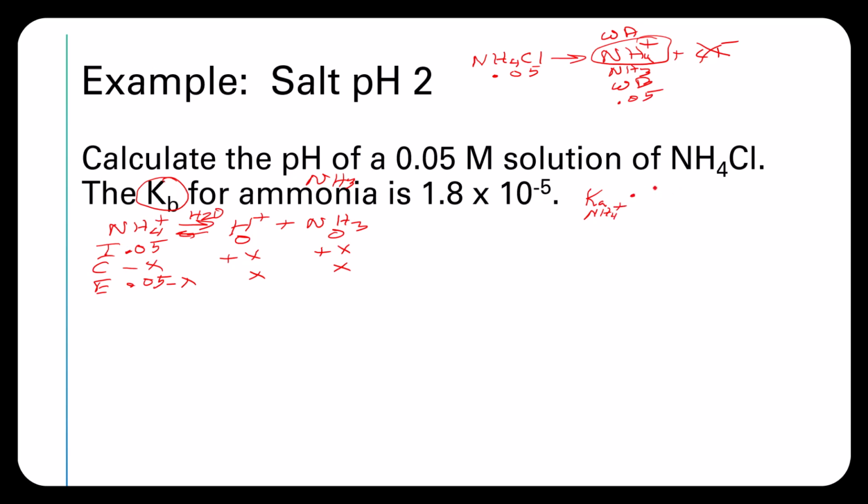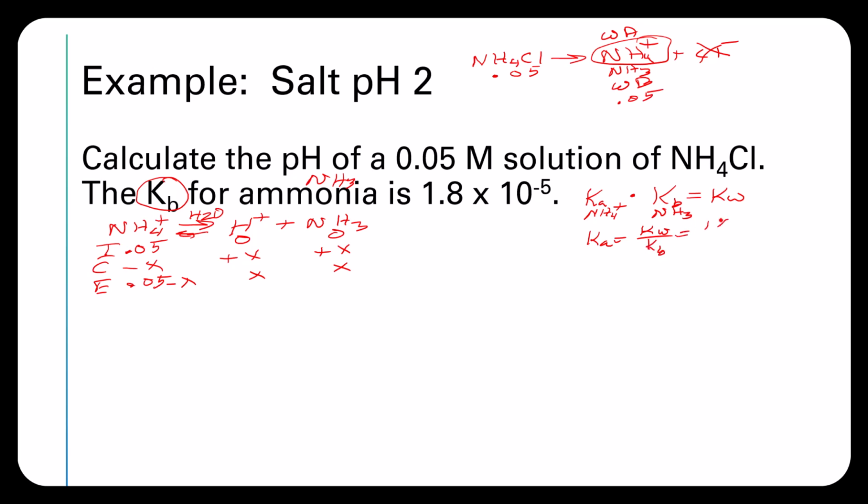times Kb, and that Kb is for ammonia, the conjugate weak base, is equal to Kw. We can solve for the Ka. Ka is equal to Kw divided by the Kb.